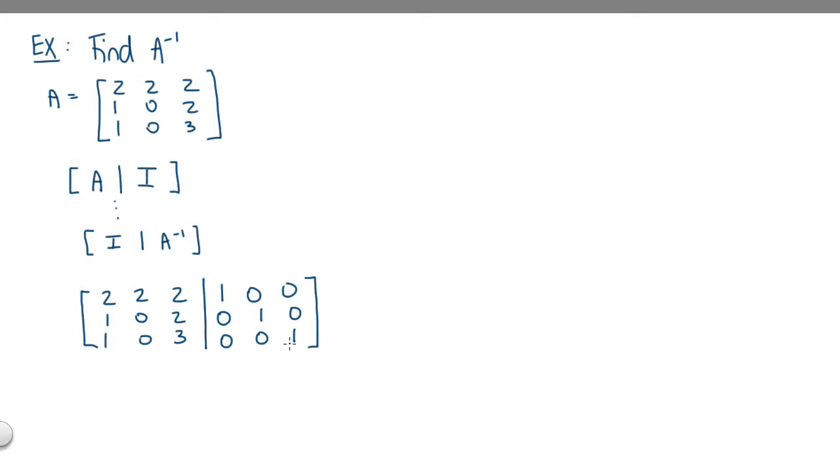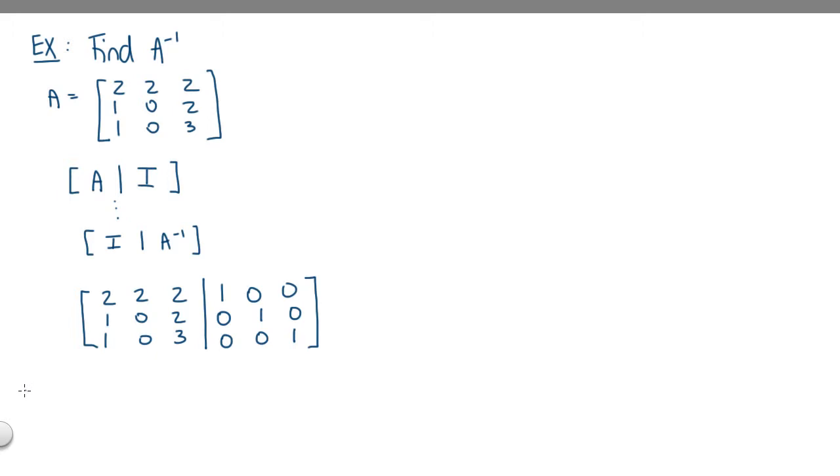Now, to get the identity matrix on the left, the first thing we need is a 1 in the upper left corner. So there are a couple things we could do. We could divide row 1 through by 2, but probably easier is to remember that we can switch any two rows.